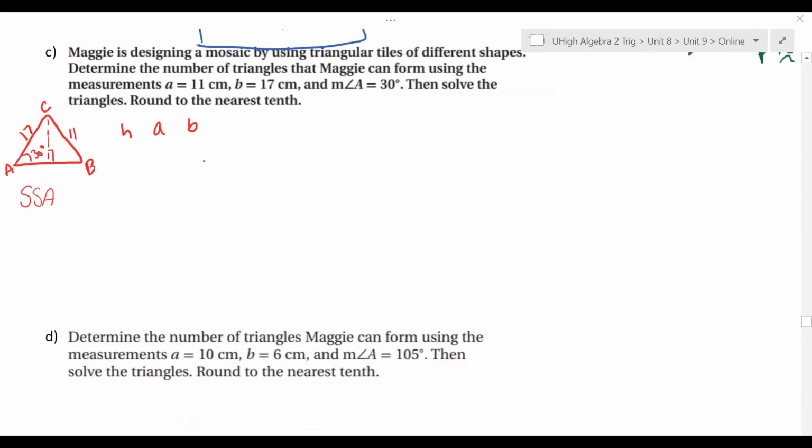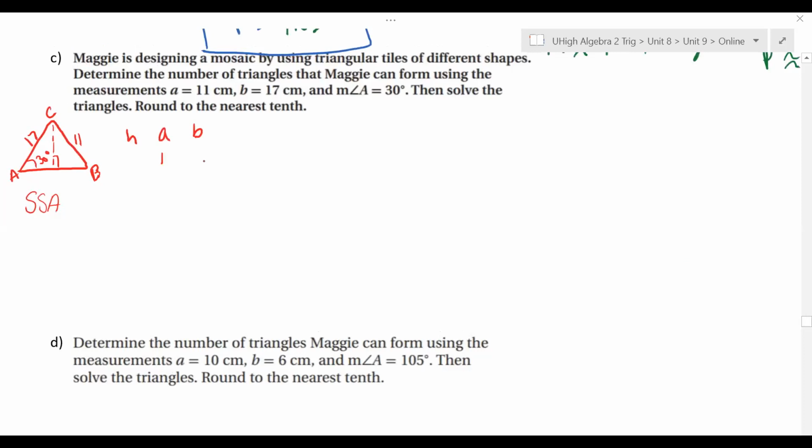A is 11, B is 17. So right now we have that A is less than B. Now we have to see how it relates to H. Is H greater than A? Is H less than A? Are they equal? So we have to find H.